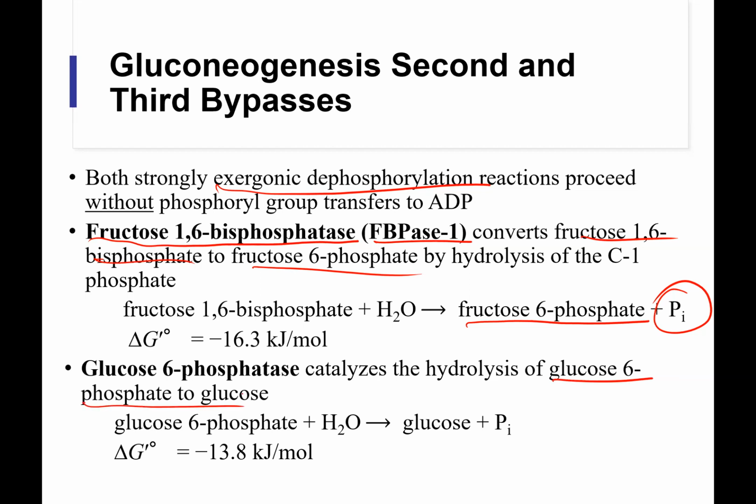What's this the reverse of? Hexokinase, right? Both are exergonic, but we're not getting a payoff here. We're releasing phosphates, and that's energetically favorable, but we're not getting the payoff of forming any ATP from ADP.